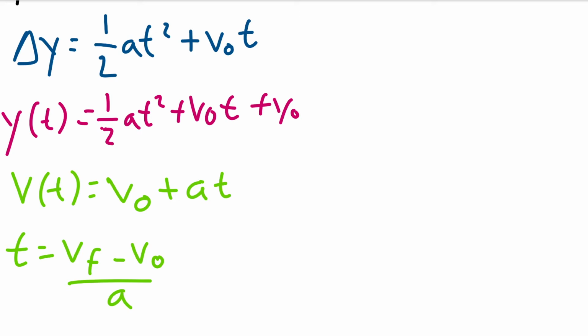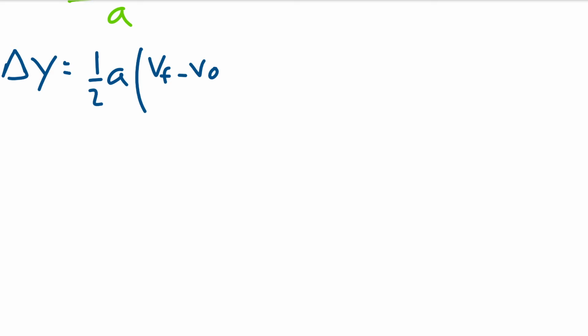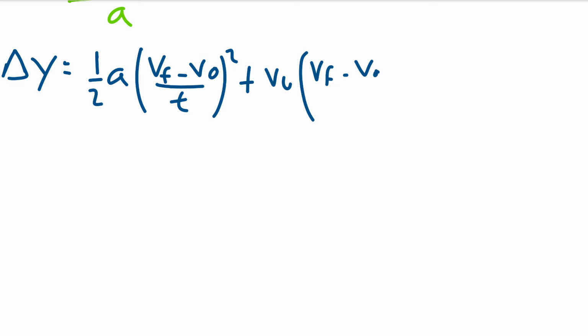So in doing so, I have delta y equals 1/2 a times the quantity v sub f minus v naught over t squared plus v naught times v sub f minus v naught over t.